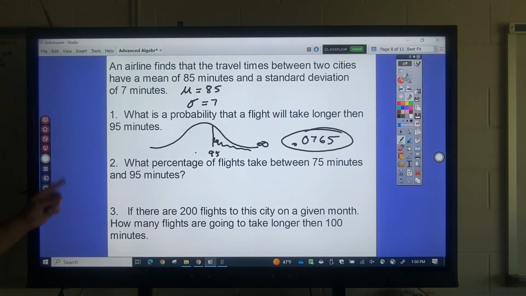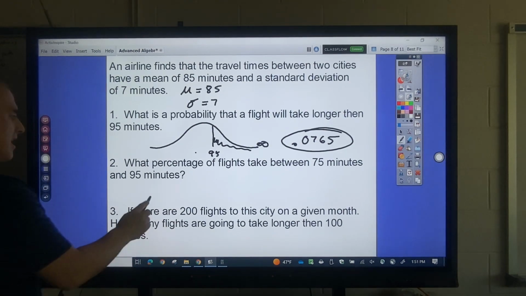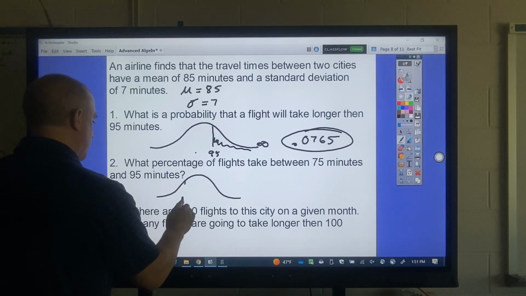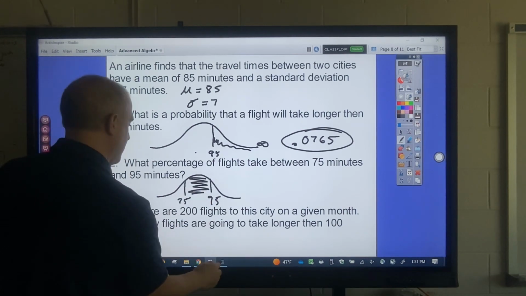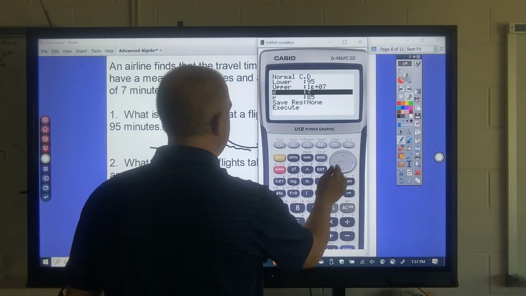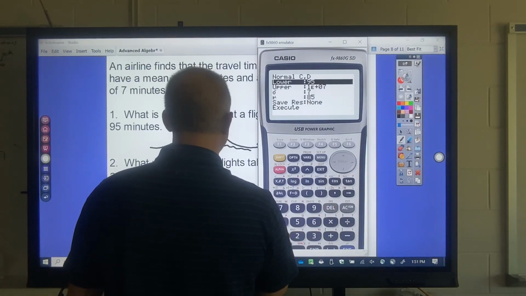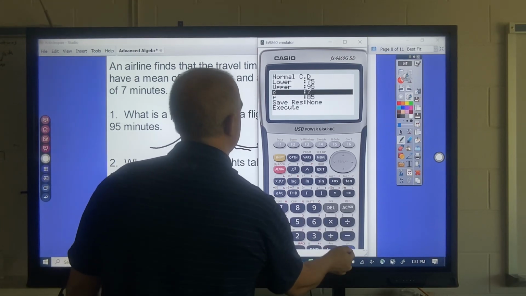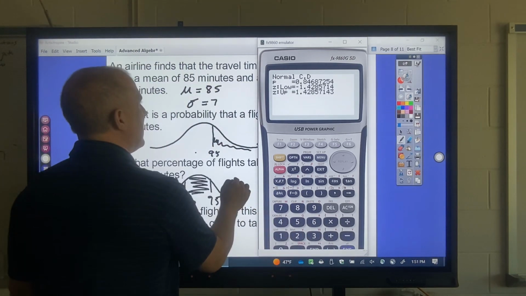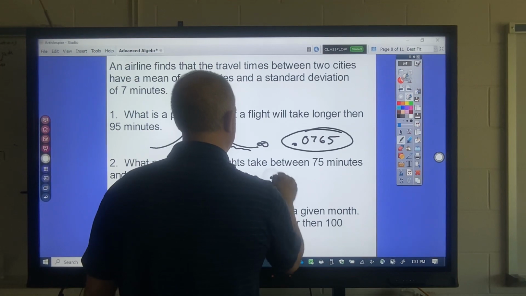Then it says, what percentage of flights take between 75 and 95 minutes? So between 75 and 95 would be this. So let's go back into my problem, make 75, 95. My probability is 0.8468.